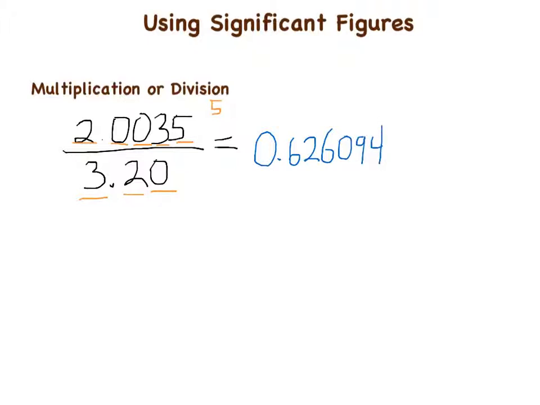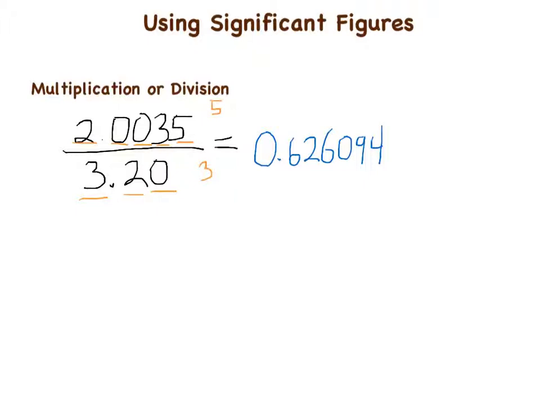A lot of numbers, but if you go back to your original numbers, the top one has 5 significant figures while the bottom one has 3. Because of the rule for multiplication and division, the answer will have the least amount, which is 3.